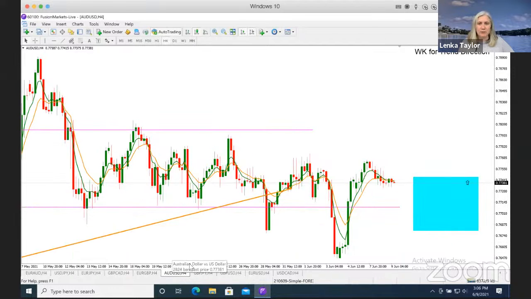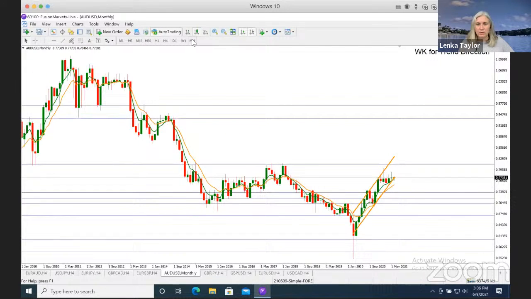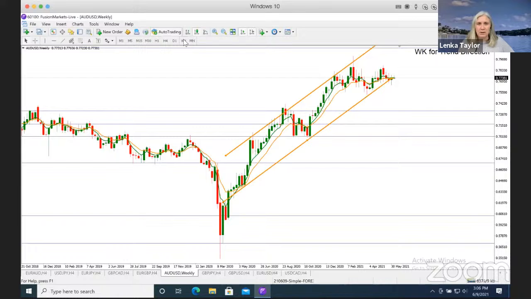Next currency pair I'm going to have a look at is Aussie USD. So Aussie USD, I'm looking for long. I know there has been quite a bit of rejection there, but the trend is still going up. Weekly is still within the channel.